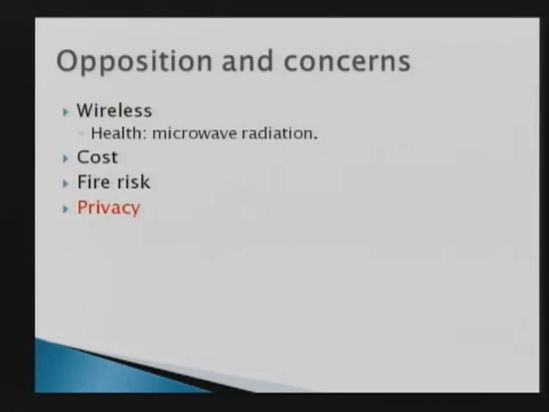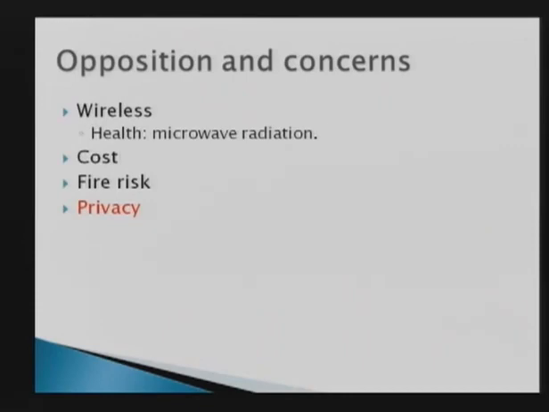If we look into detail at what people are complaining about, the main reason they are complaining about the smart meter is the health problem. That is basically because of the wireless mechanism for transmitting data. The wireless will cause microwave radiation, and people think that will damage their health. Some other reasons people say smart meters are bad are the costs.